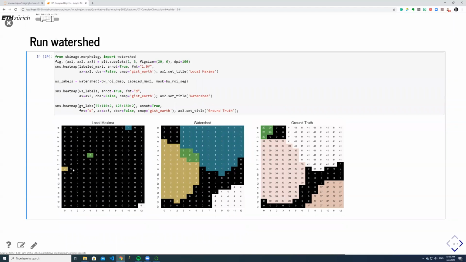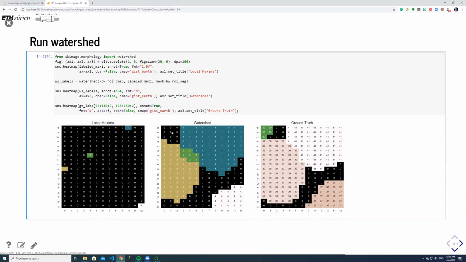So now when we run the watershed segmentation on this, you can see that the growing is producing one segment here, which was what we wanted. Also one here, but it produces one in here as well. And that is not really what we wanted. The ground truth actually produced something up here in this corner, and we didn't do it.